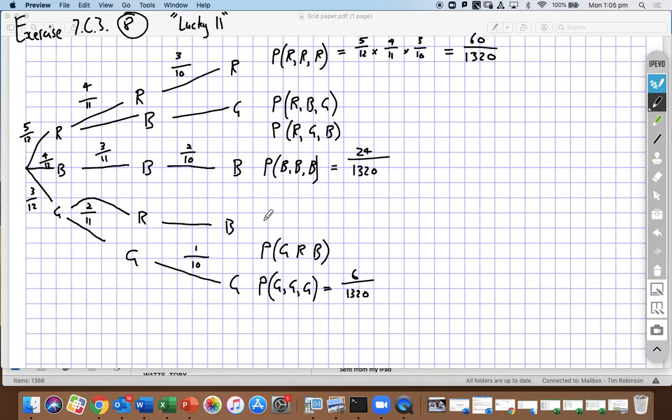You could also have green, then blue, then red. Still missing a couple. If I start with the blues, I could have probability of blue, red, green, or probably, if I just sneak this one in here, blue, green, red.